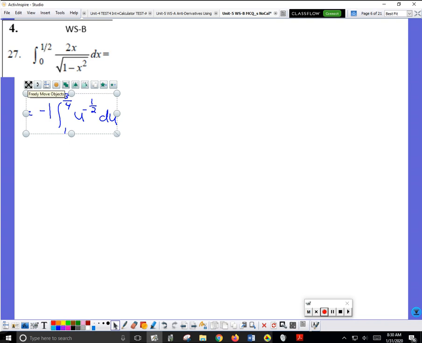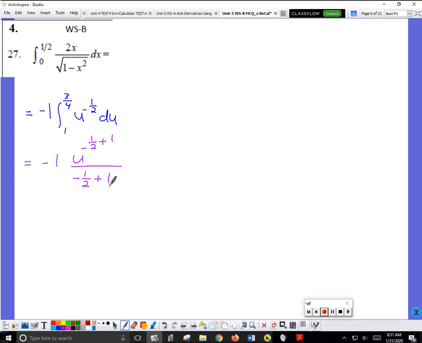Okay, we can now use the power rule on your sheet. So this becomes, don't forget the equal sign, negative 1, u to the negative 1/2 plus 1 divided by negative 1/2 plus 1.